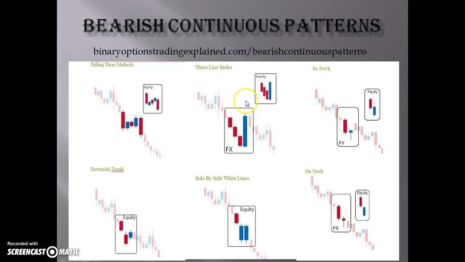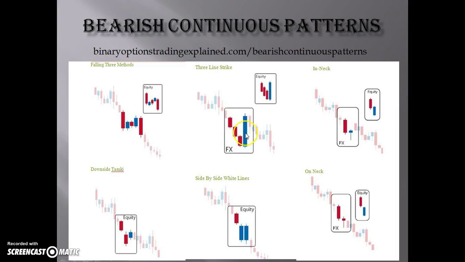They also have the three-line strikes, just like the bullish continuous pattern as well. With this one, what happens is that an existing downward trend is already in progress. Then a bearish candlestick forms, followed by another bearish candlestick. Then another bearish candlestick also forms.